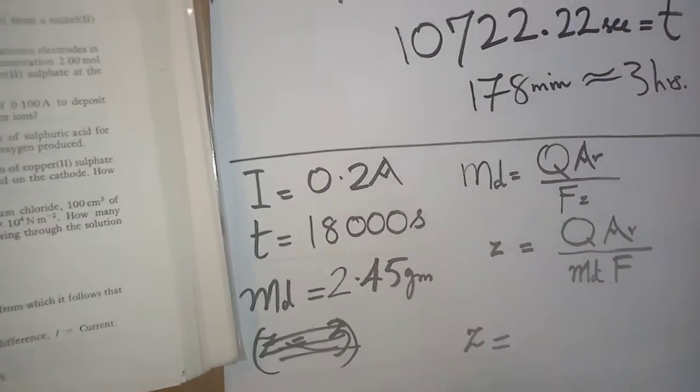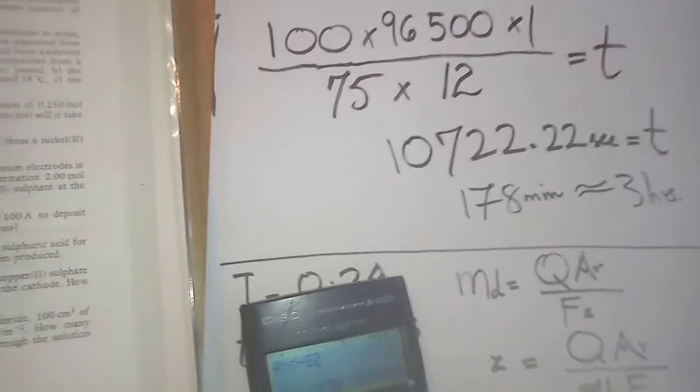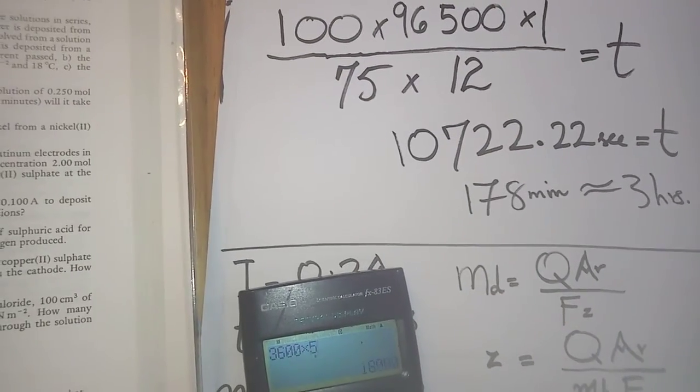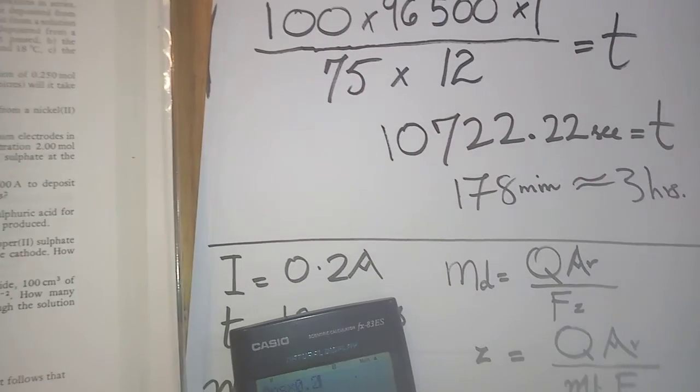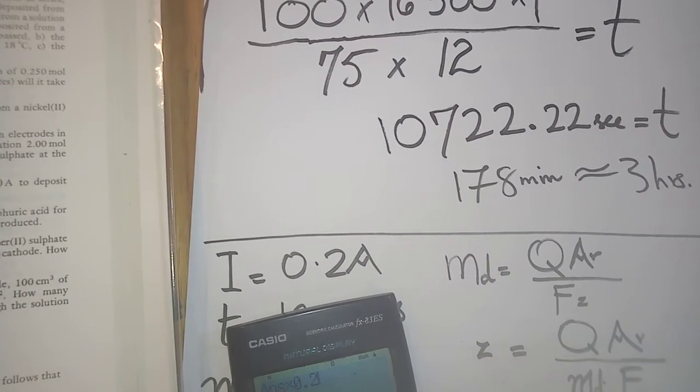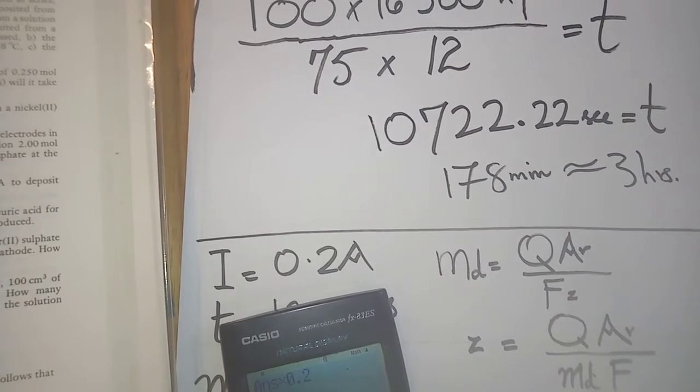Then I'll skip the numeric part and get to, no, I can't skip the numeric part actually. I'd like to show every single step.